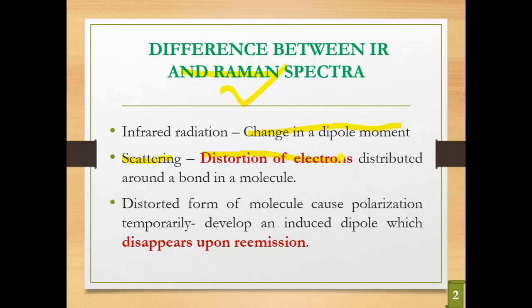In scattering, there is a distortion of the electrons distributed around the bonds in a molecule, and this distorted form causes temporary polarization. It develops an induced dipole which disappears upon re-emission, or relaxation.